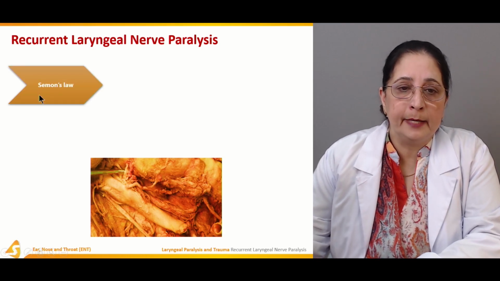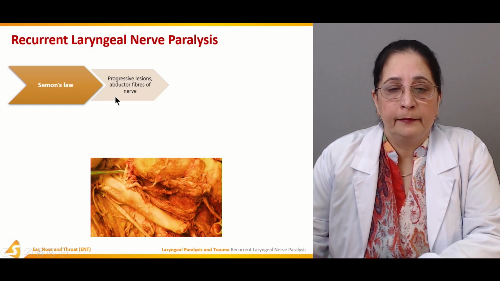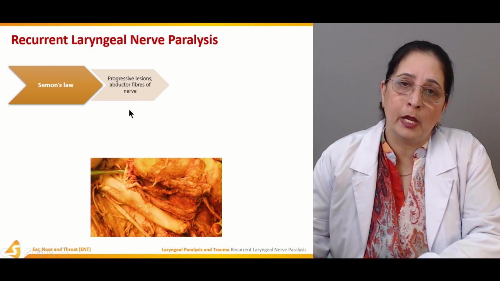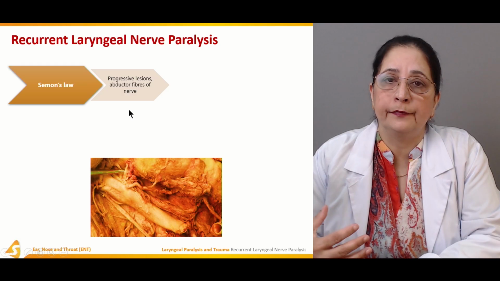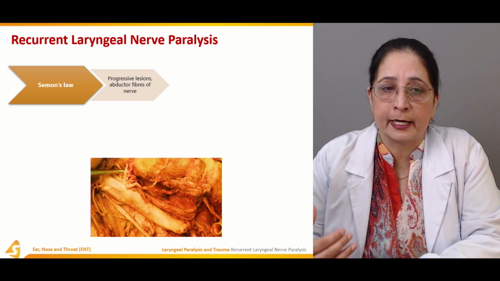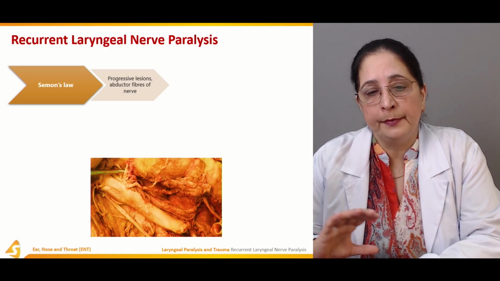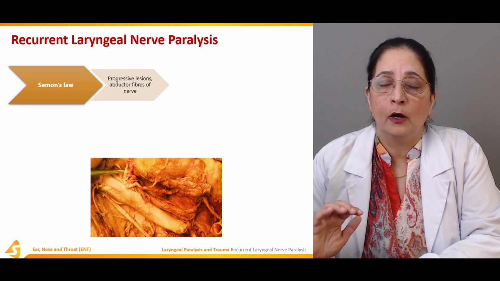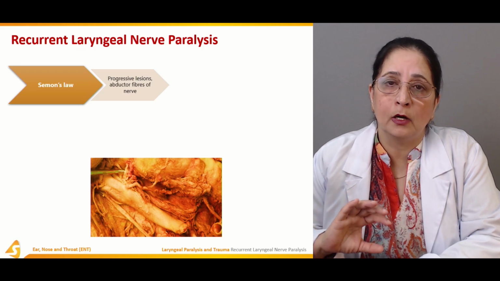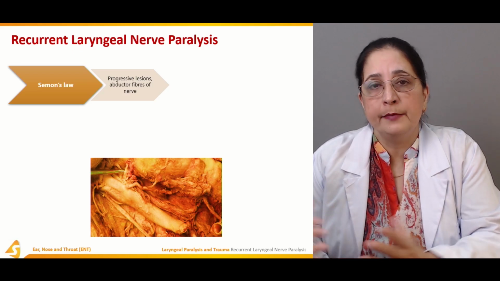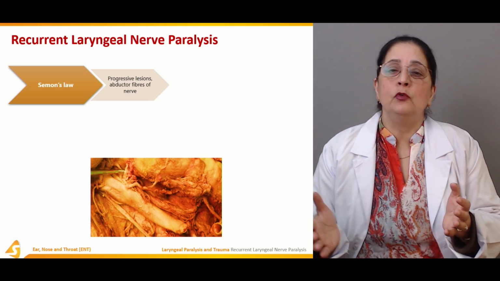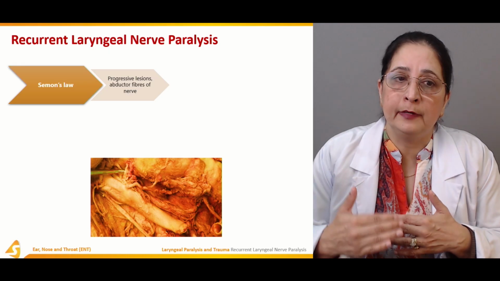Again, we have Semon's law, which states that in progressive lesions, the abductor fibers of the nerve are affected. The abductors are the muscles or fibers of the nerve that cause abduction, moving away from the midline. So the lateral movement of the vocal cords is affected, as we mentioned in the previous slide.